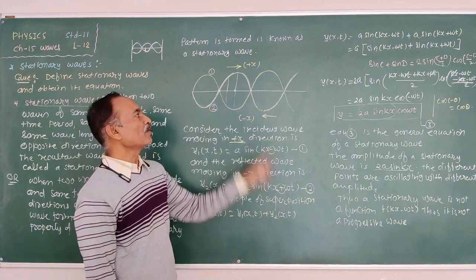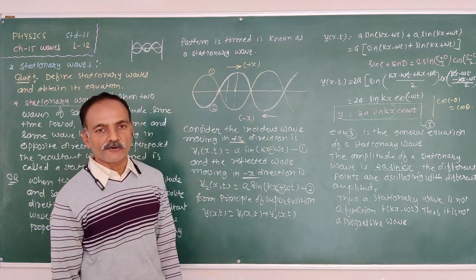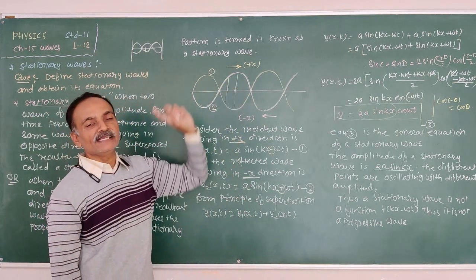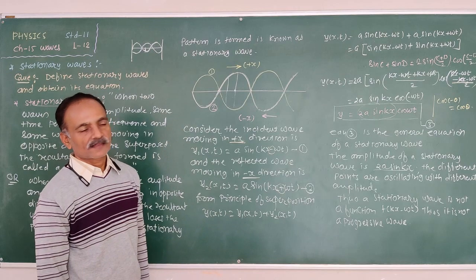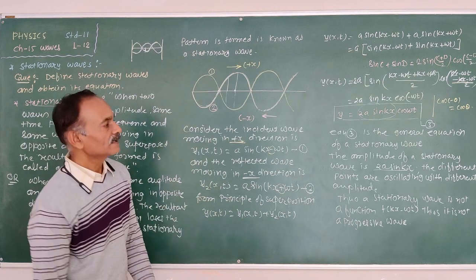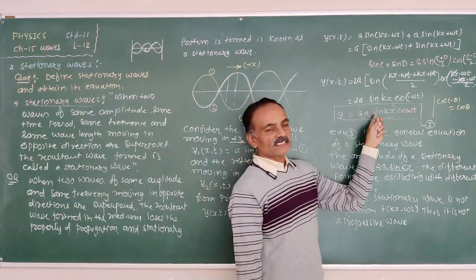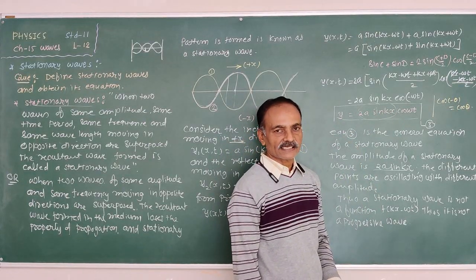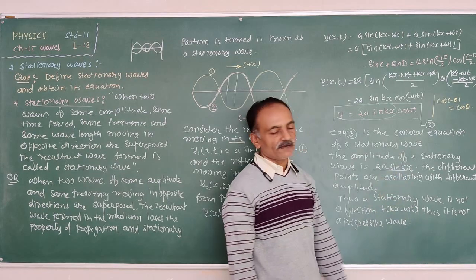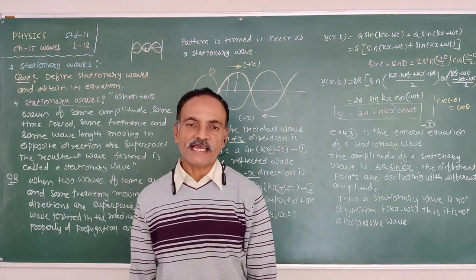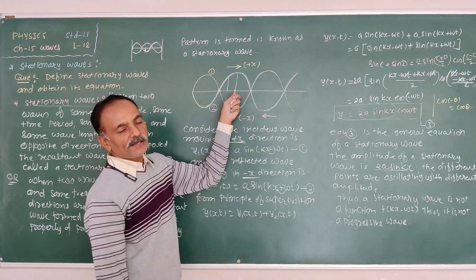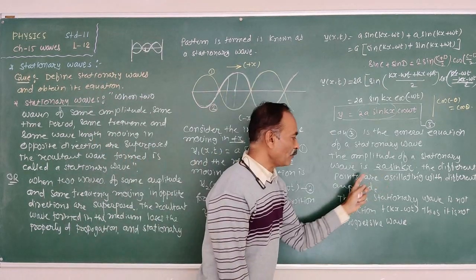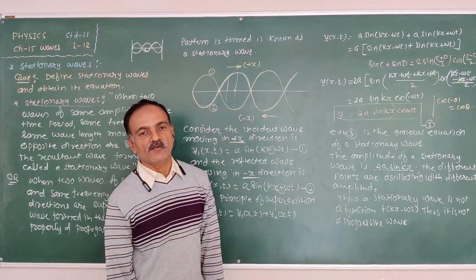And the points at which the amplitude of the particle of the medium is maximum are known as antinode points. We will discuss them later. Now, the amplitude of the stationary wave is 2a sin kx. By substituting different values of x, we can find the amplitude at different points, because the different points of the medium oscillate with different amplitudes.